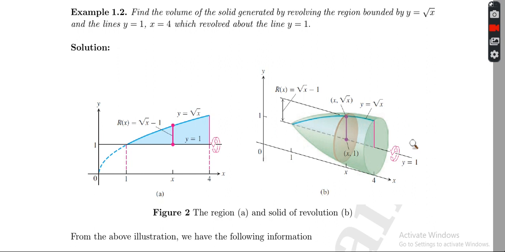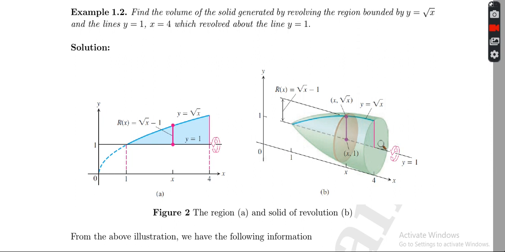Okay, so mas maganda na marunong kayong mag-visualize kung ano yung magiging itsura ng graph, yung magiging itsura ng inyong solid kapag iniikot mo siya along the axis of revolution.